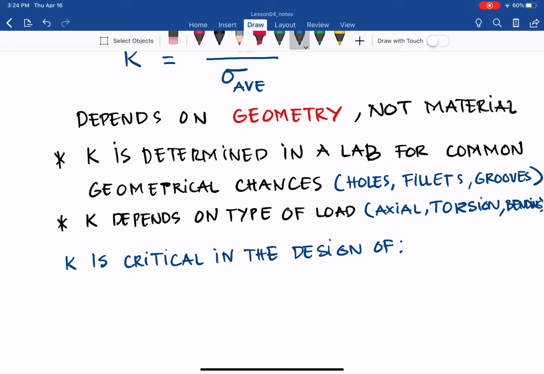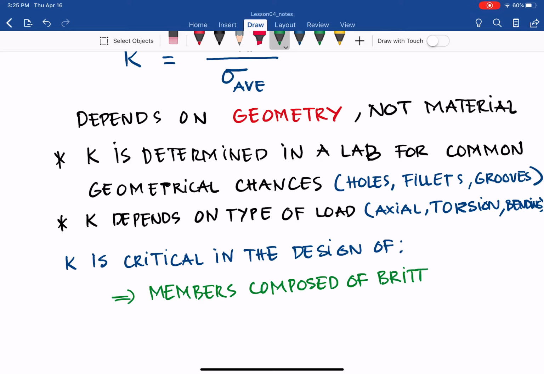The first one is members composed of brittle material. Do you recall what brittle material is?